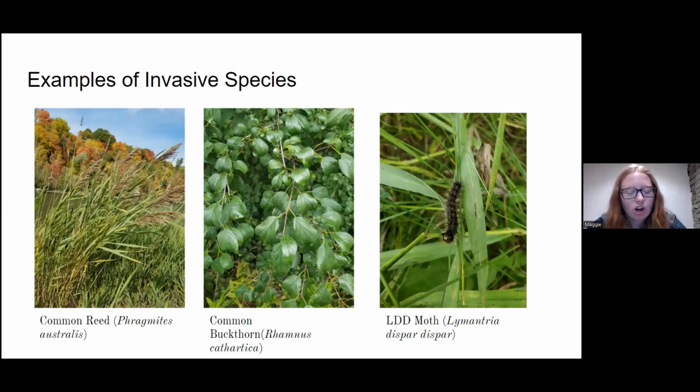In the middle, there's common buckthorn. I'll talk more about that one later on in the presentation. And then we've got the LDD moth, which is called the gypsy moth or the spongy moth. They've changed the name quite a few times, so it's hard to keep up with what they're actually calling it now.